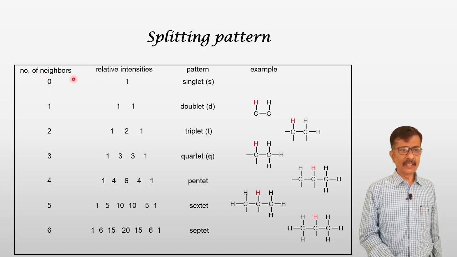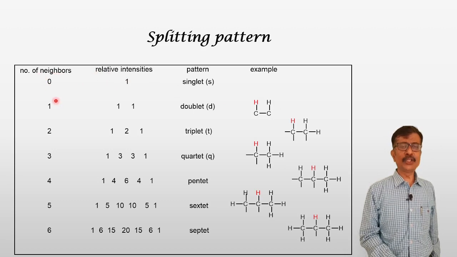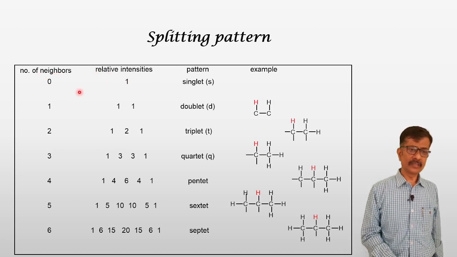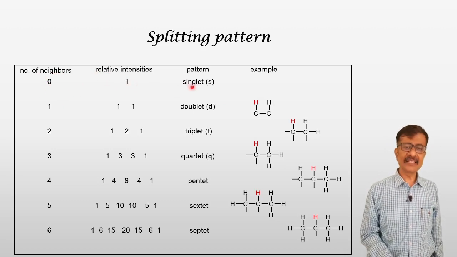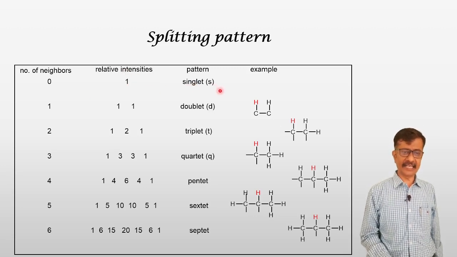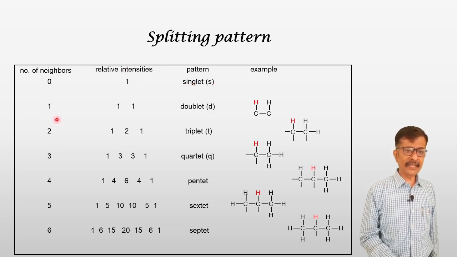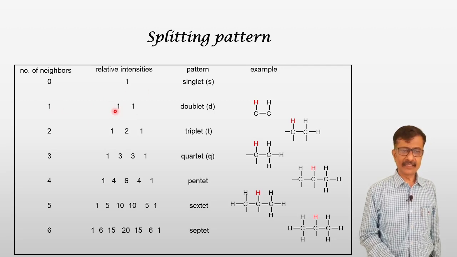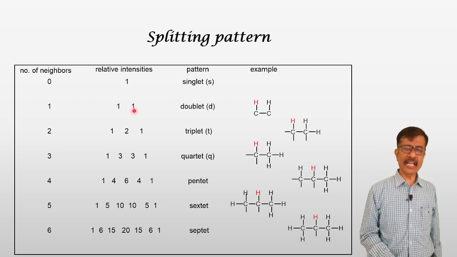Suppose a neighbor has 0 protons, there will be a single peak, that is a singlet. If a neighboring carbon contains 1 proton, it will be a doublet, and the 2 peaks will be of the same intensity, 1:1.